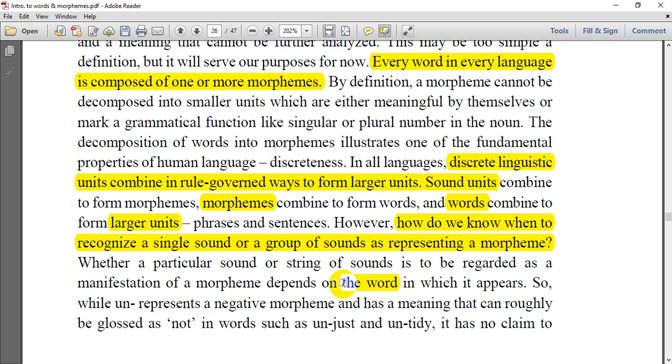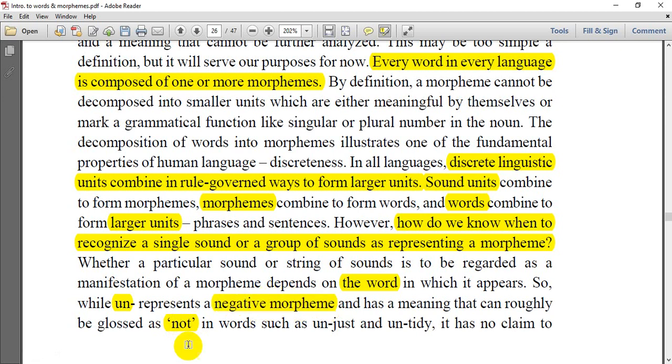So the prefix un represents a negative morpheme. It has a meaning that can roughly be classed as not.